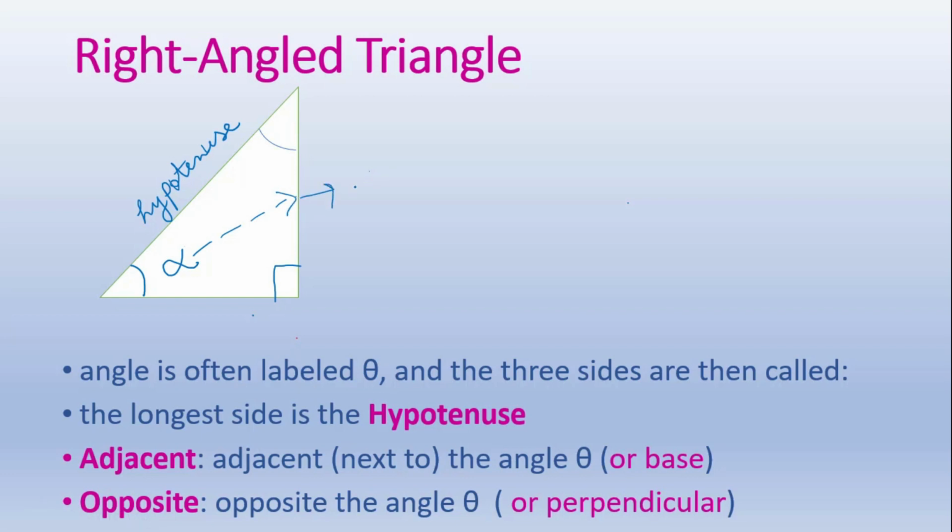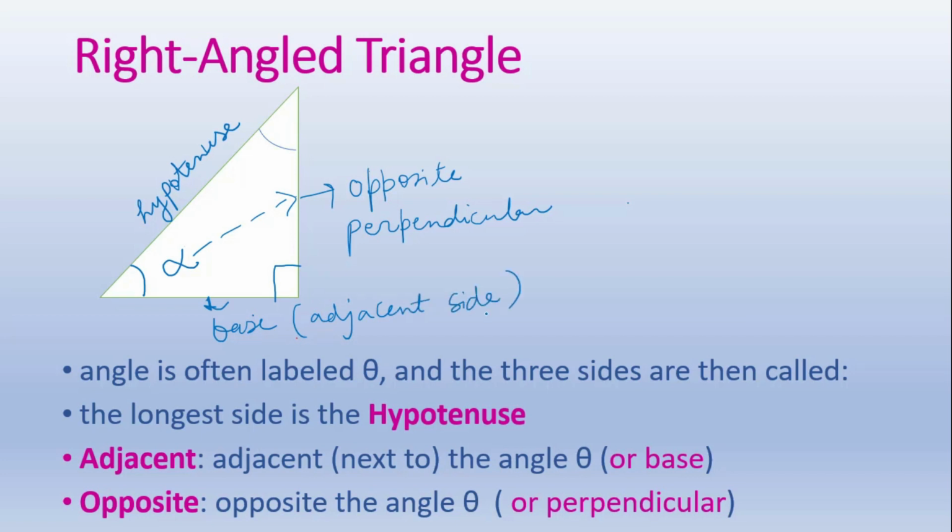So this side will be the opposite side, or you can also say your perpendicular, whereas the adjacent side, this side, is the base, or you can also say the adjacent side. These things are very important in trigonometry: to know your opposite side or perpendicular, and the base or the adjacent side.